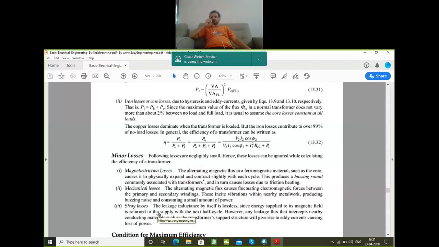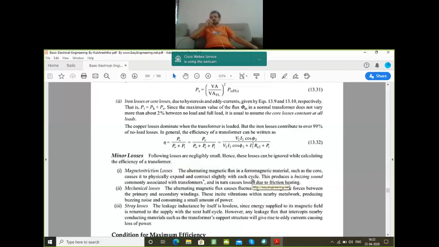First, magnetostriction losses. Alternating magnetic flux in a ferromagnetic material such as a core causes it to physically expand and contract slightly. You know that flux is associated with the primary and secondary coils, and also the core.